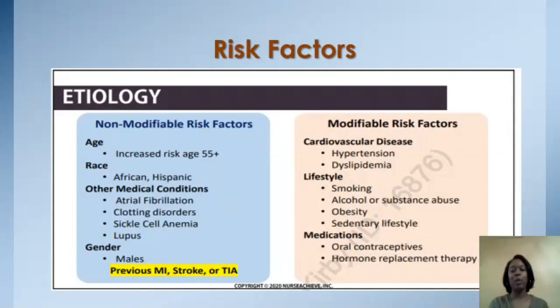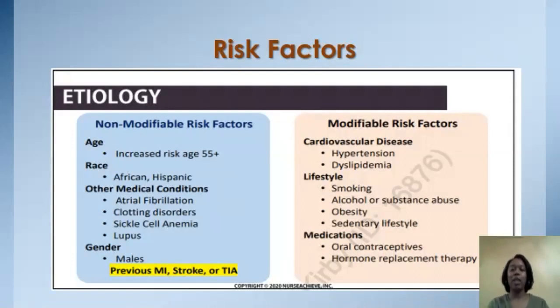So stopping smoking, decreasing your alcohol intake, stopping any substance or illicit drug abuse, and reducing your weight. Obesity is a risk factor as well as a sedentary lifestyle. So just getting up and moving at least every 30 minutes is also good to increase the circulation in your body.